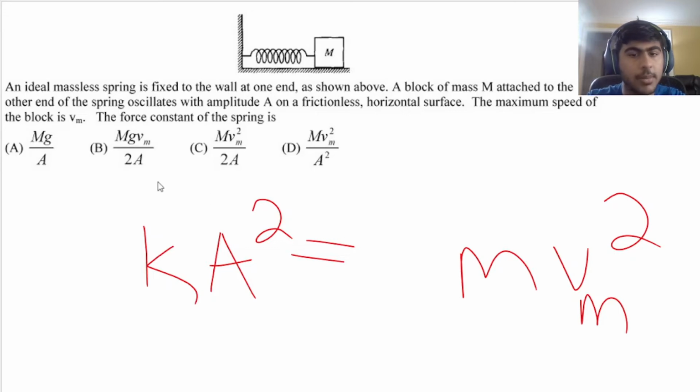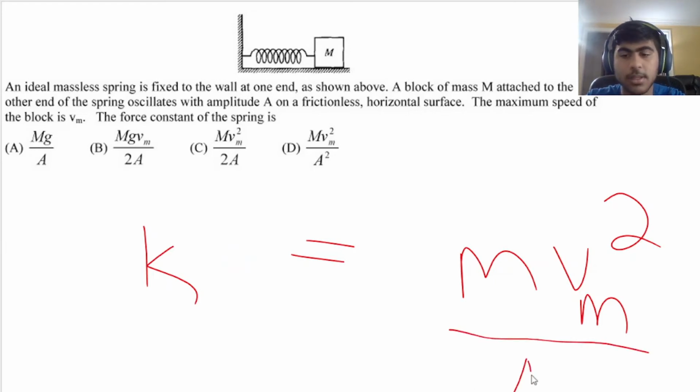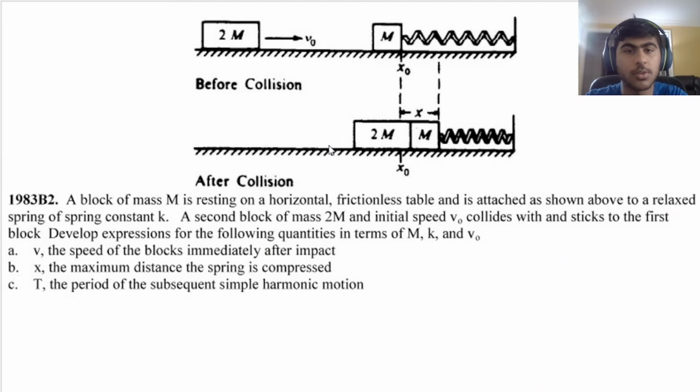So we divide by A squared on both sides, and we get that the force constant equals mass times the velocity squared over the amplitude squared. Looking at our answer choices, that is answer choice D. We are done with the MCQ review. Let's move on to 2 of our FRQs.